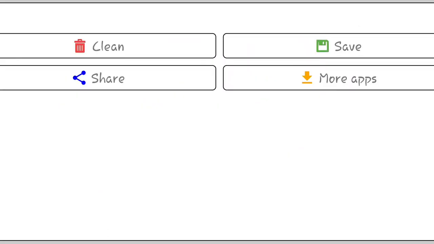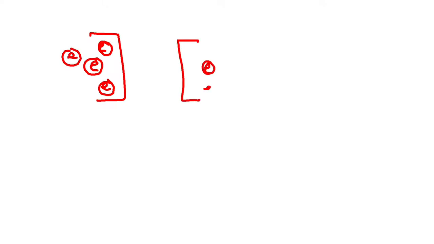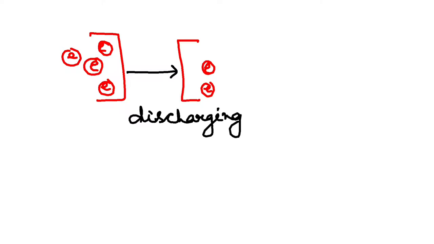Alright, there is one more point over here. Let me explain this part. So whenever electrons flow from high concentration to low concentration, the flow of electrons, this is called discharging. Right? Discharging.